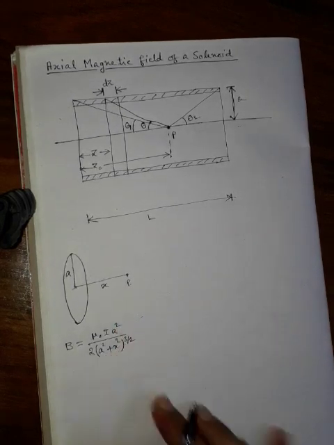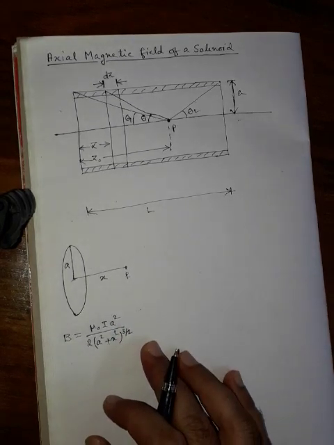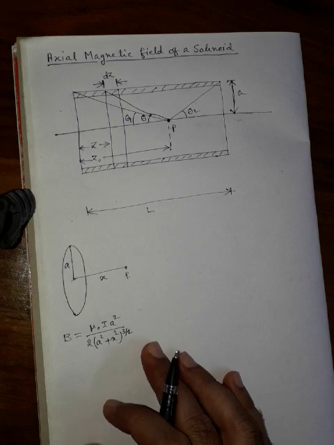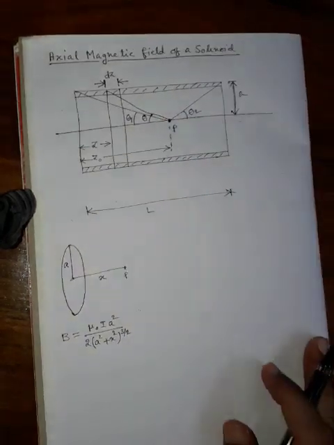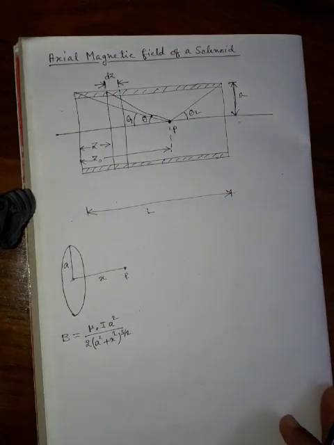Now we will use this expression of the magnetic field in this case of the solenoid.